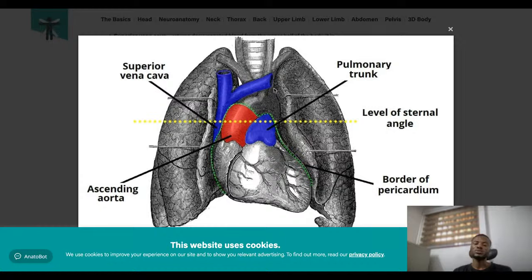The great vessels, we have the superior and inferior vena cava, the aorta, the pulmonary trunk, the pulmonary veins, these blood vessels.